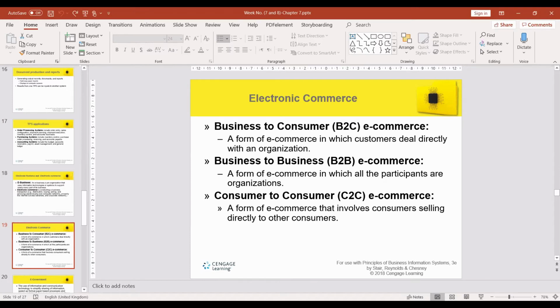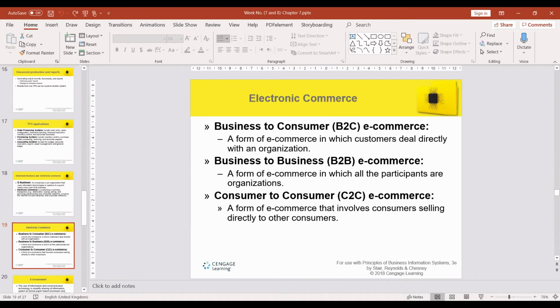Another example of business to business: Amazon and eBay, if they are doing anything. So this is business to business.